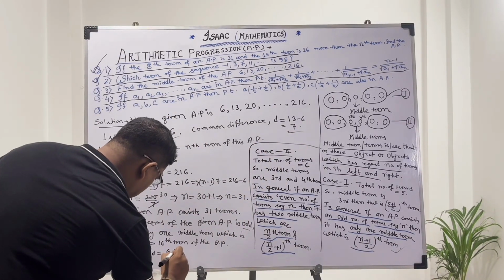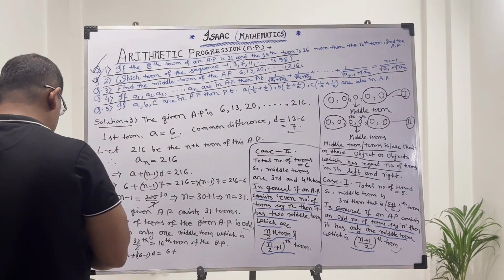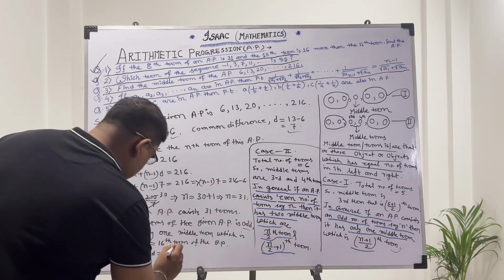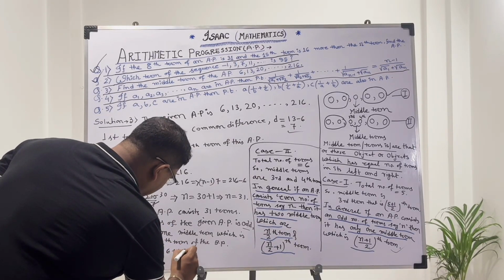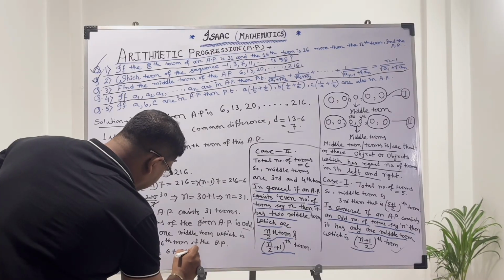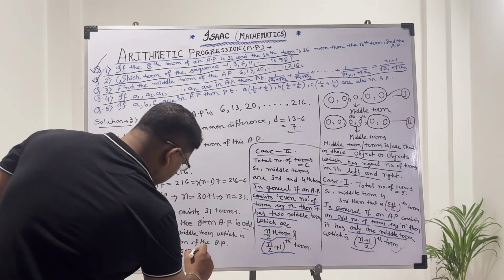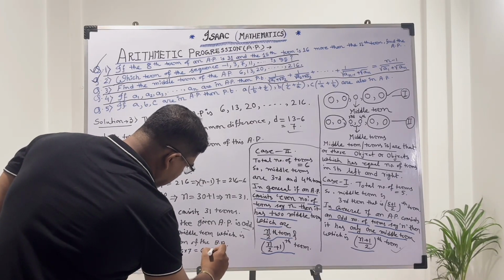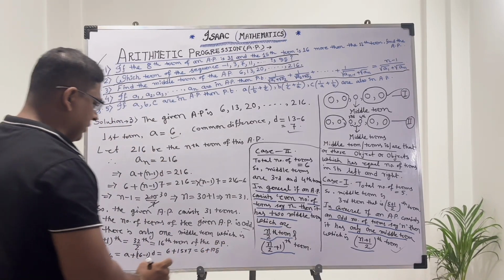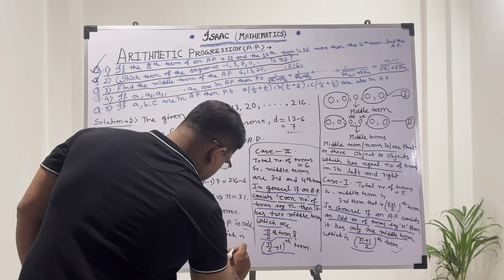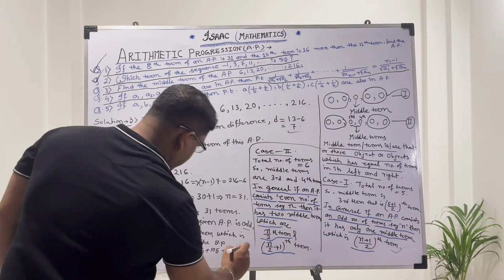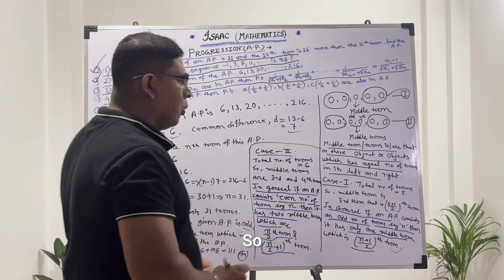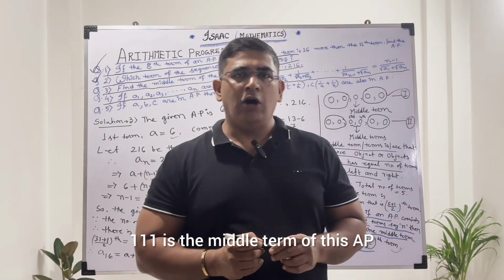So 6 plus 15 into 7. 6 plus 15 sevens are 105, which gives 111. So 111 is the middle term of this AP.